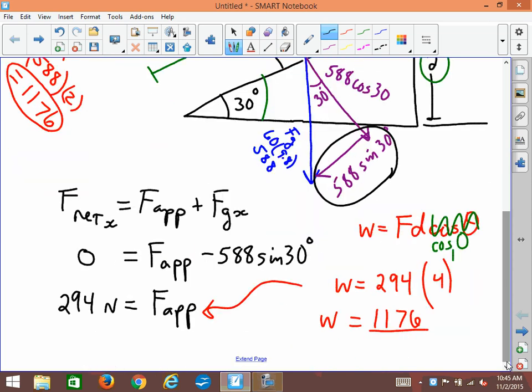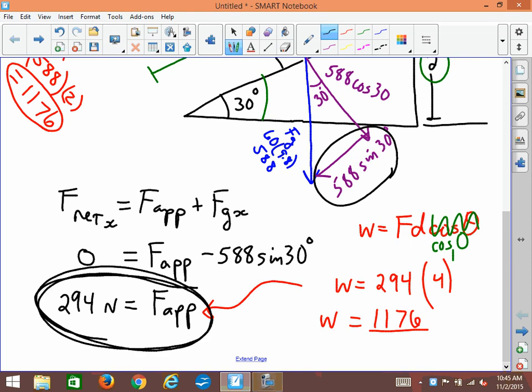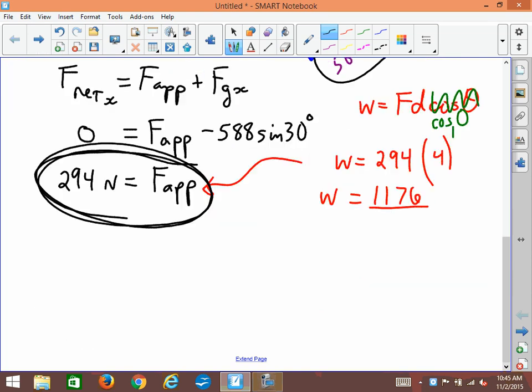Whereas the applied force that we are using with the ramp is only 294 newtons. And so what the ramp did is we got away with it. The force lifting was, what was it, 588.